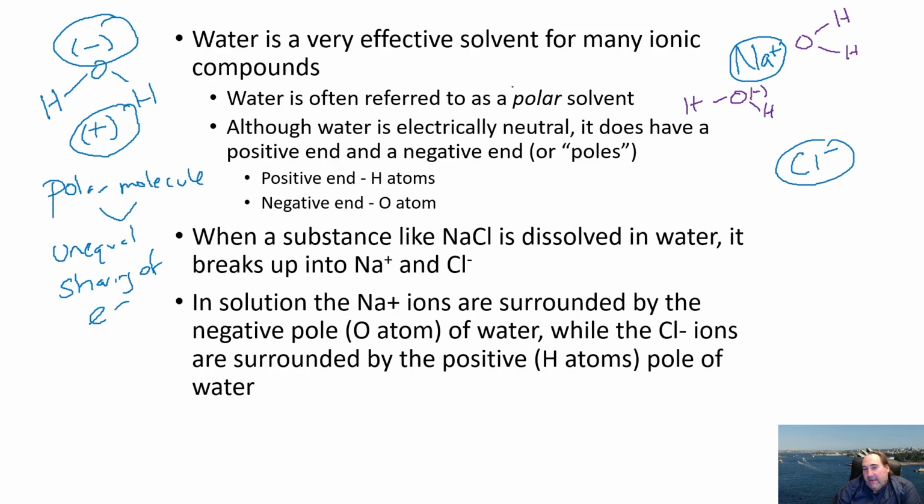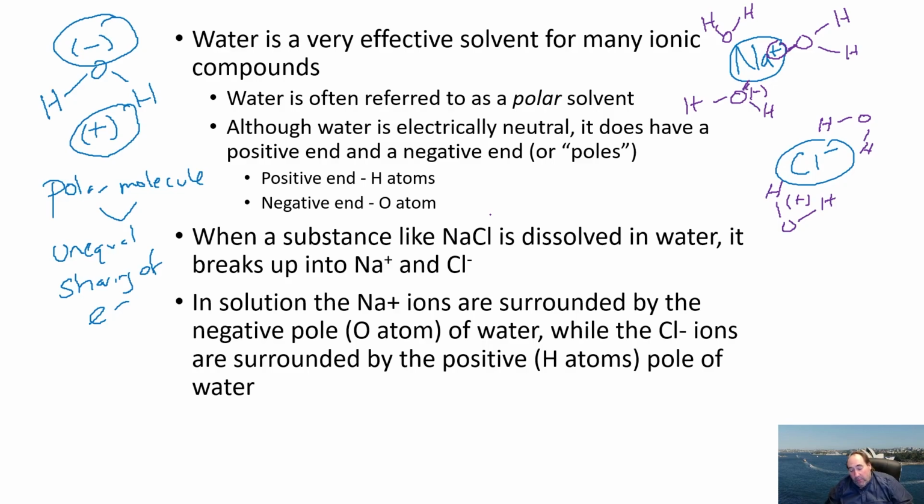So it's got that negative-positive attraction. And when the negative ion is present, water aligns its hydrogen side to it, because its hydrogen side is more positive. So the positive side of water is attracted to the negative chloride.